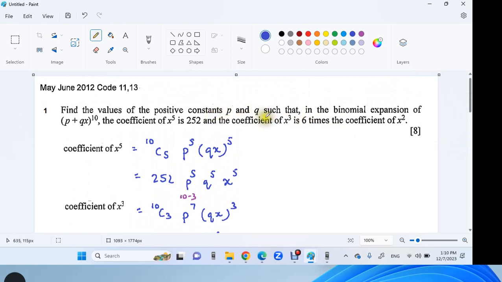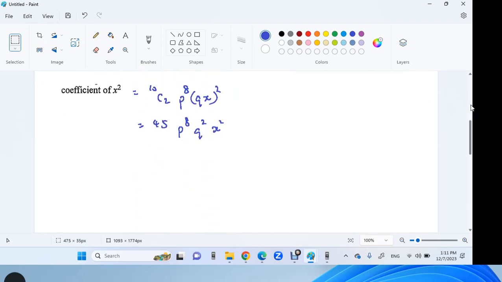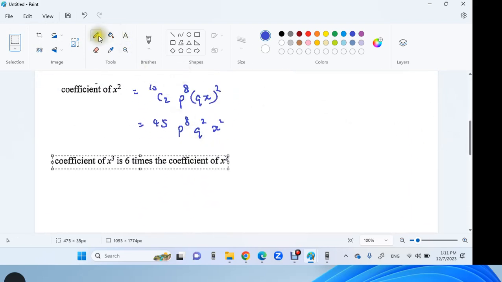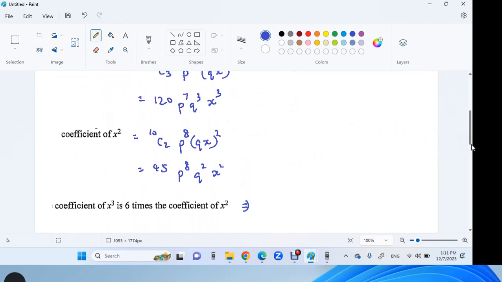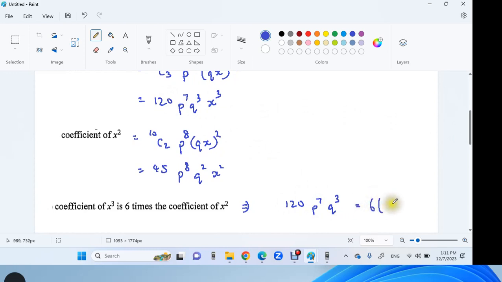So it is stated that the coefficient of x to the power 3 is 6 times the coefficient of x to the power 2. The coefficient of x to the power 3 is this one: 120 p to the power 7 q to the power 3 is equal to 6 times 45 p to the power 8 q to the power 2.